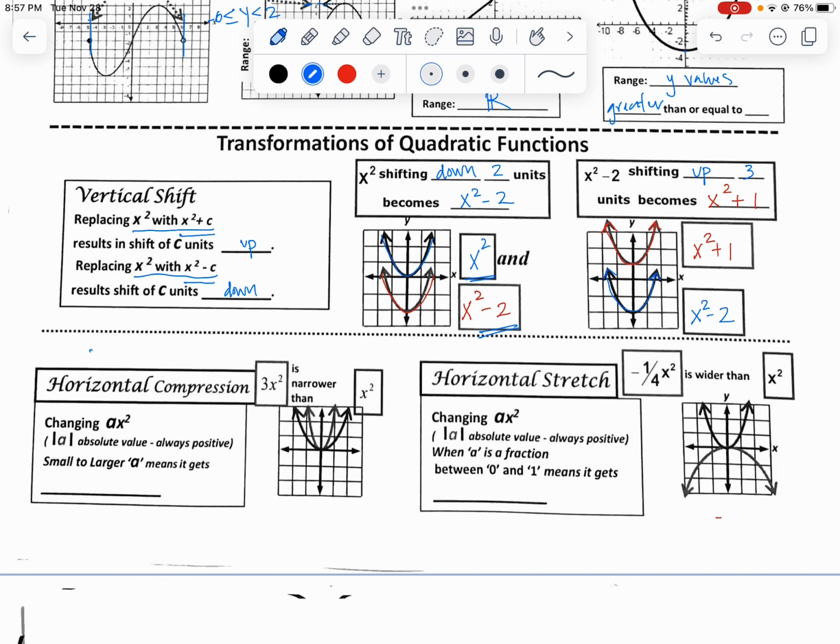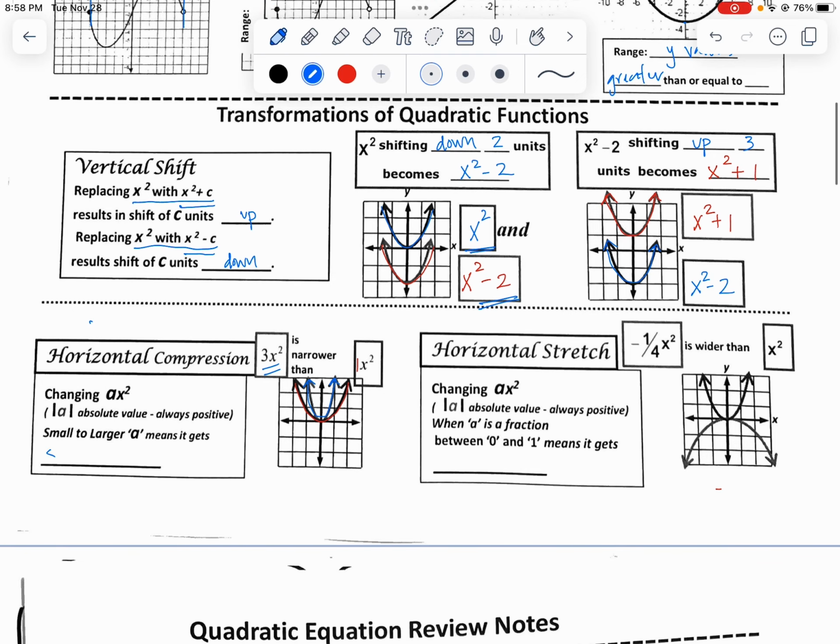All right, when we talk about transformations now in terms of a horizontal compression, 3x squared in blue is more narrow than x squared in red because when a, the absolute value of a, of course, is always positive, gets larger, going from being 1 here to being 3, the result is that it gets stretched vertically.